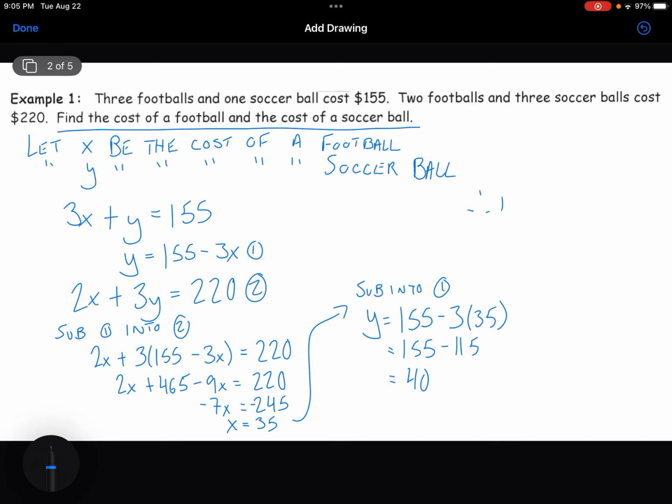Therefore, a football costs, what is a football? $35. And a soccer ball costs $40.